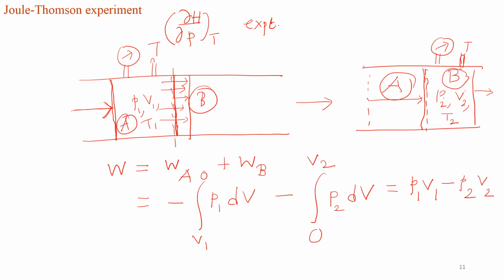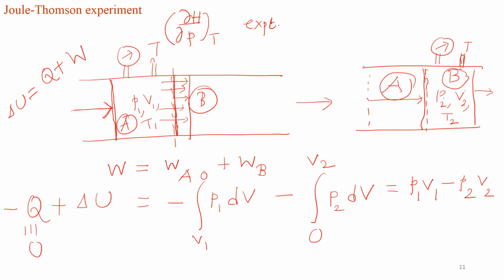Now, the work done according to the first law can be written as change in internal energy plus the associated heat change. So, remember the first law, delta U is Q plus W. So W is nothing but delta U minus Q. Now in this case Q is 0.